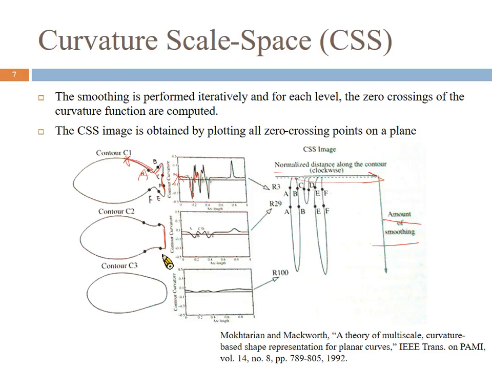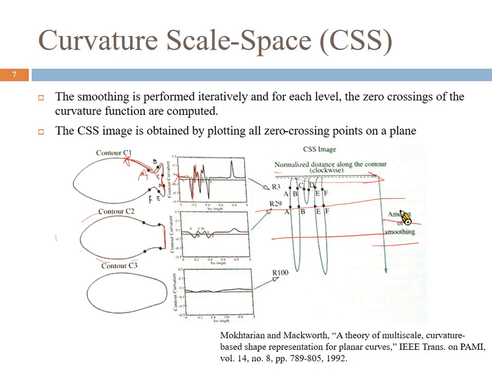Then if we apply more smoothing, C and D disappear. So at this level, we only have A, B, E, and F. And if we apply more and more smoothing, fewer and fewer points will remain.